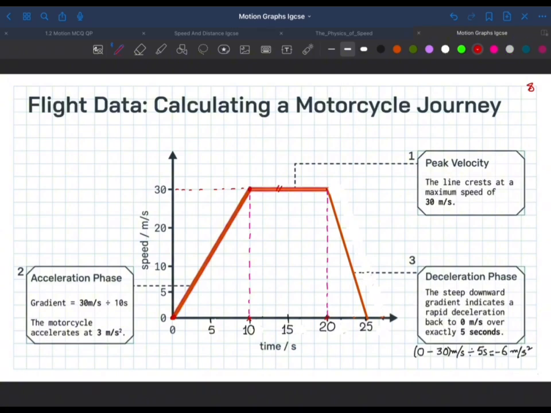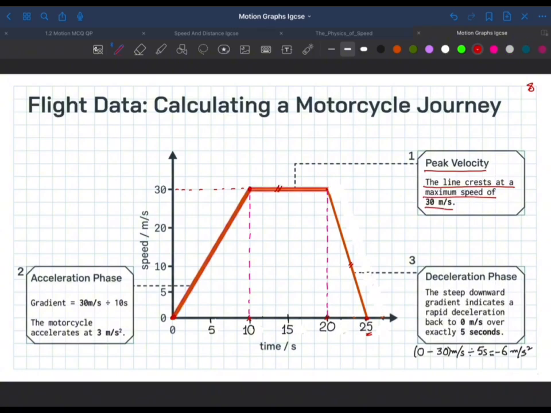And after this 20 second up to 25 second, you can say that speed is again decreasing and becoming zero at 25th second. So as far as the peak velocity is concerned, simply you can say that the line crests at a maximum speed of 30 meter per second. Yani the maximum speed attained by the body is 30 meter per second.